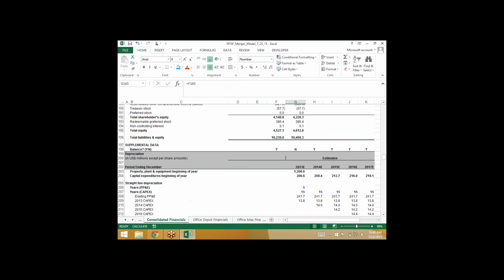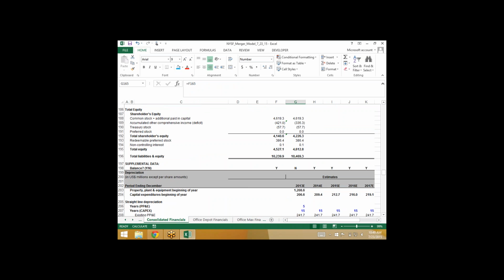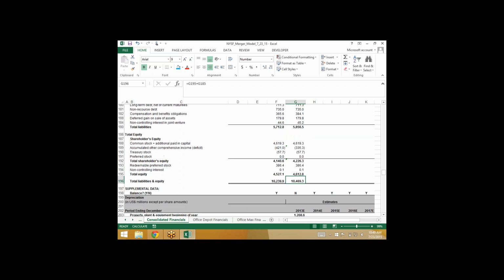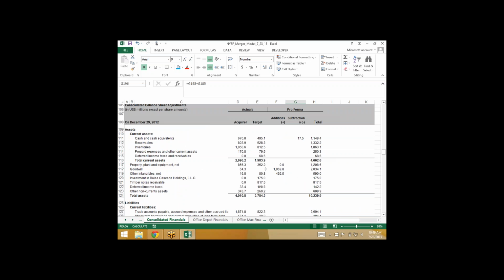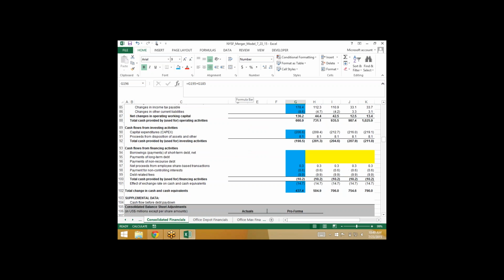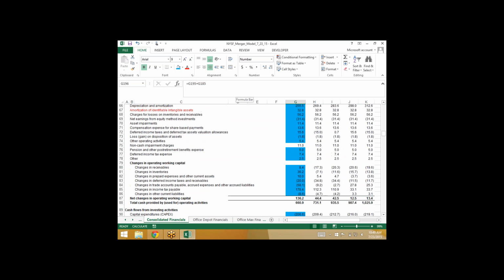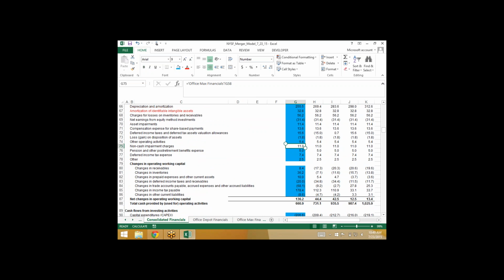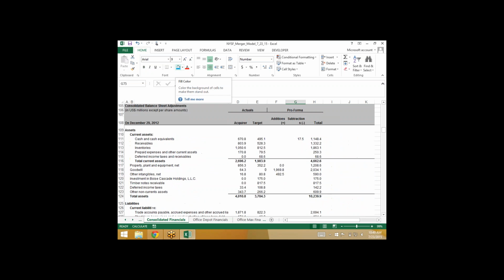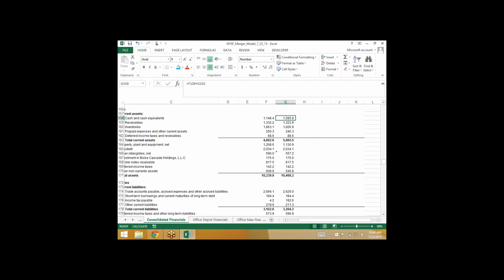And we should balance, no. Did I forget something? I just included that. Did I mix my pluses and minuses? Let me see if I mixed something. My totals are okay.